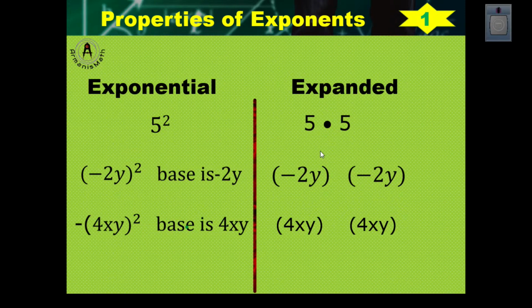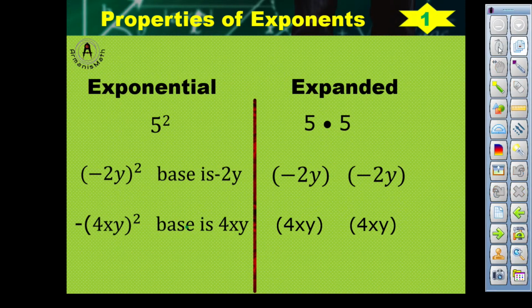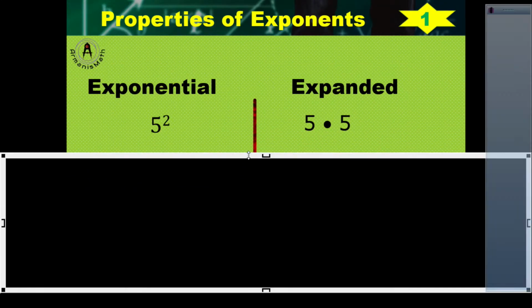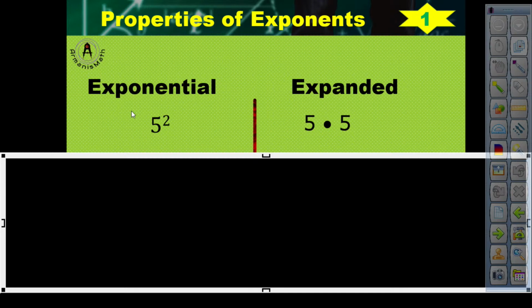So those who have the whiteboards, and all of you should be able to, just show me the whiteboards and tell me if the following is correct. I have an expanded exponential form: 5 to the second. When you expand that, it's 5 times 5.